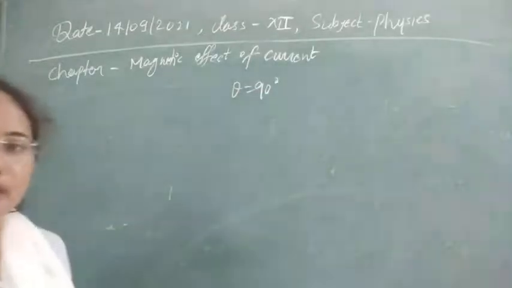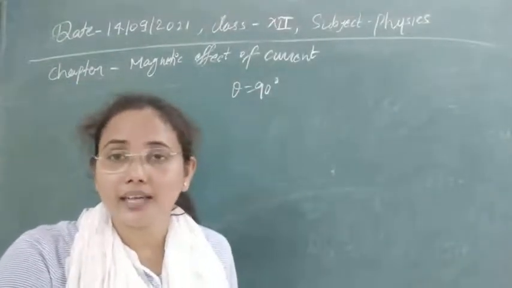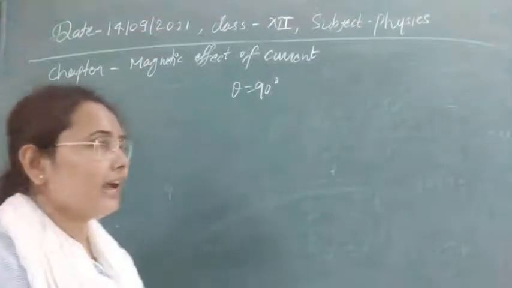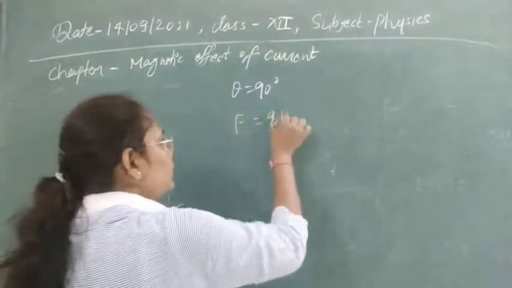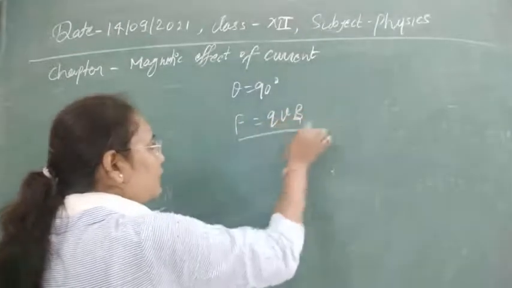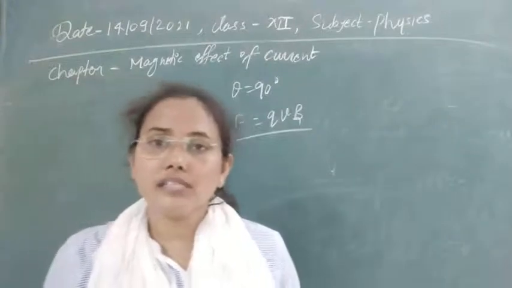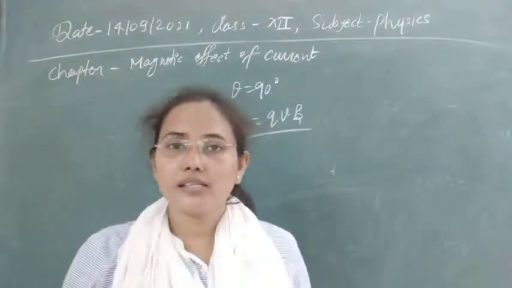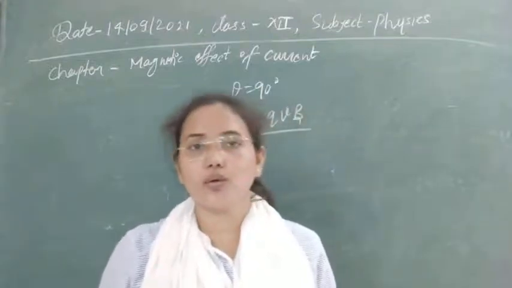Then you know, whenever any charged particle enters a magnetic field at theta equal to 90 degrees, it experiences a force equal to QVB, and due to this force and the continuous change in direction, it starts to move in a circle. So it will do circular motion.